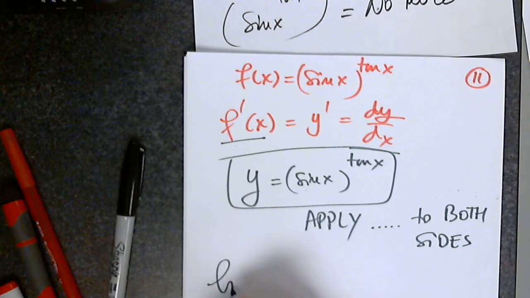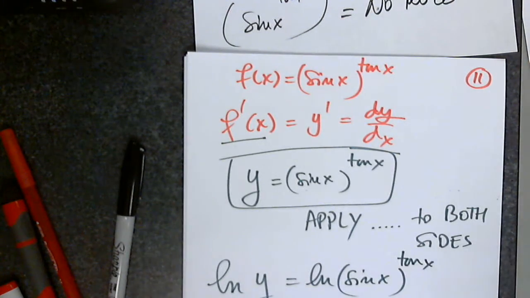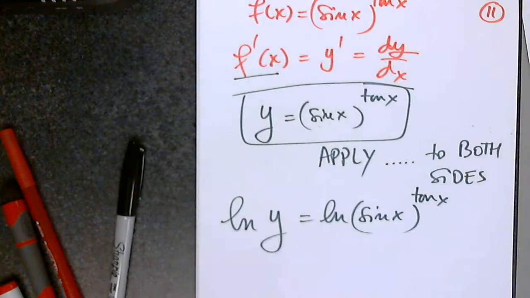So I'm going to say natural log y equals natural log of sine x raised to tangent x. So you can say now, okay, wait a minute, you're asked to differentiate y, why are you applying natural log to both sides? And my answer would be, bear with me, I'll explain.